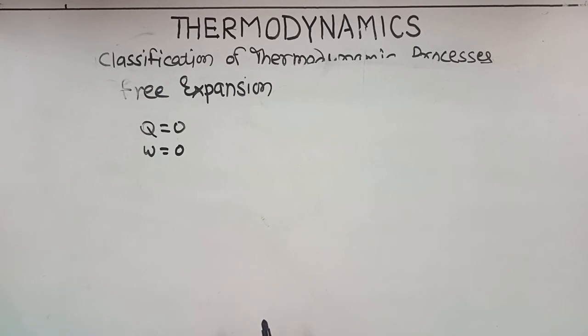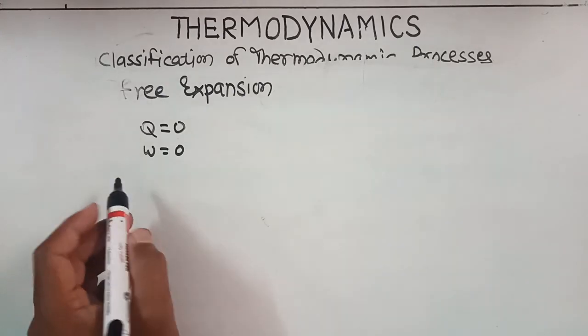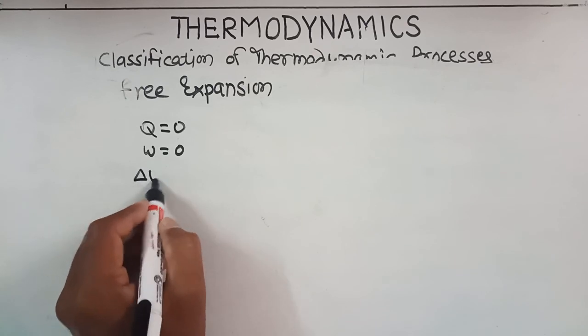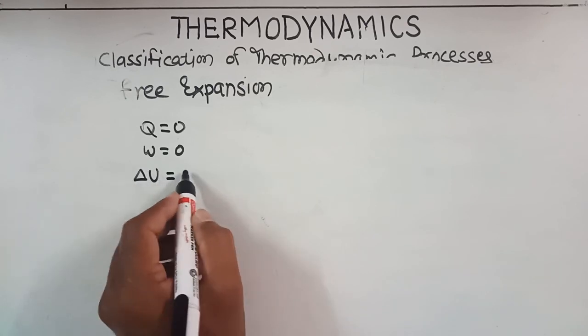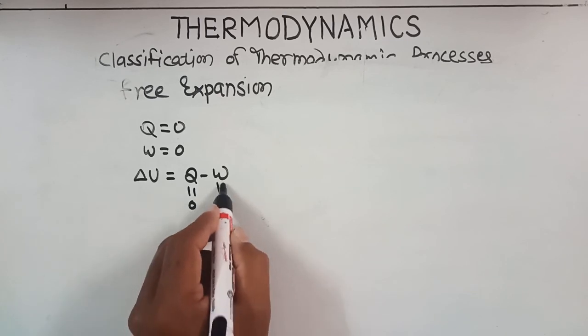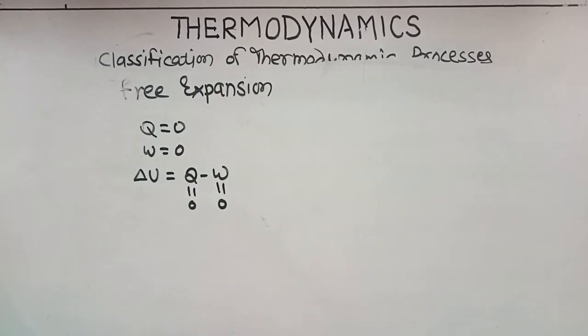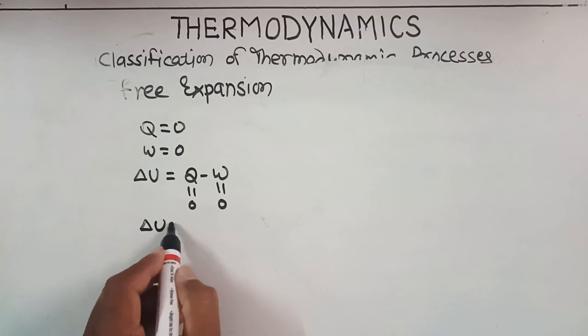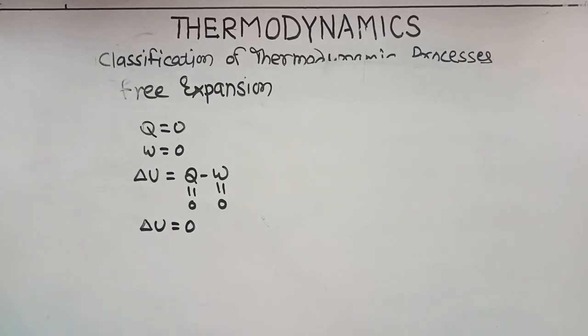And what is our first law of thermodynamics? That the change in internal energy is equal to Q minus W. Here Q is 0 and W is 0, therefore there is no change in internal energy.